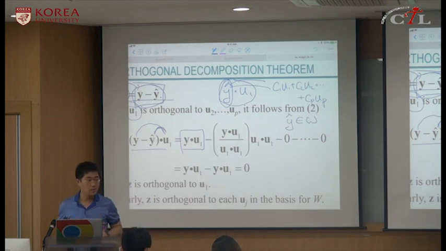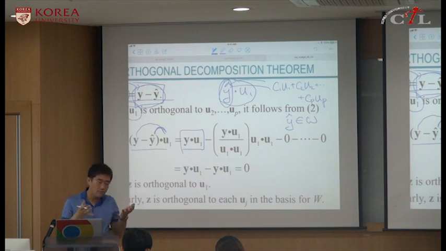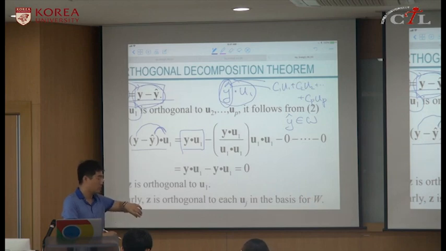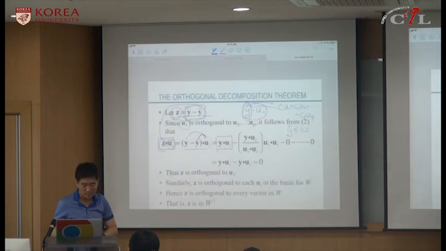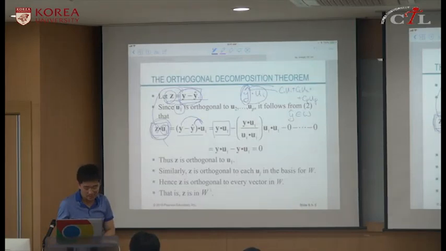And we are not just obtaining this y hat as some vector inside of W, but that y hat should be our orthogonal projection that makes our z vector, which is a vertical vector, orthogonal to any given vector in W. So that's why we compute this and set it as 0, right?